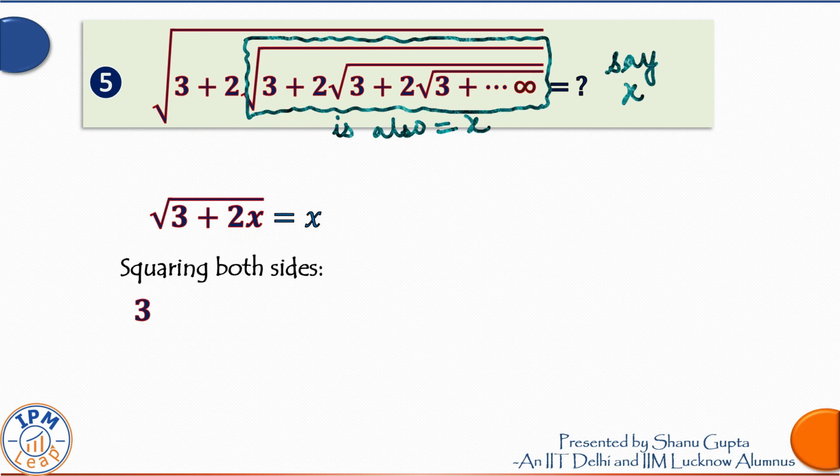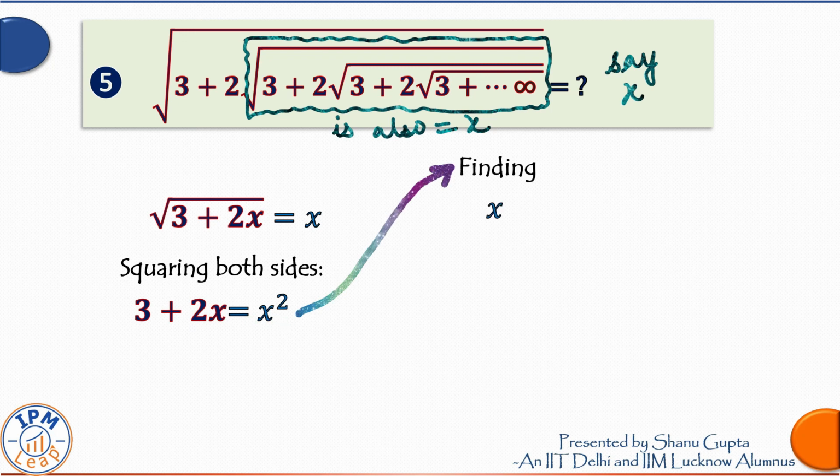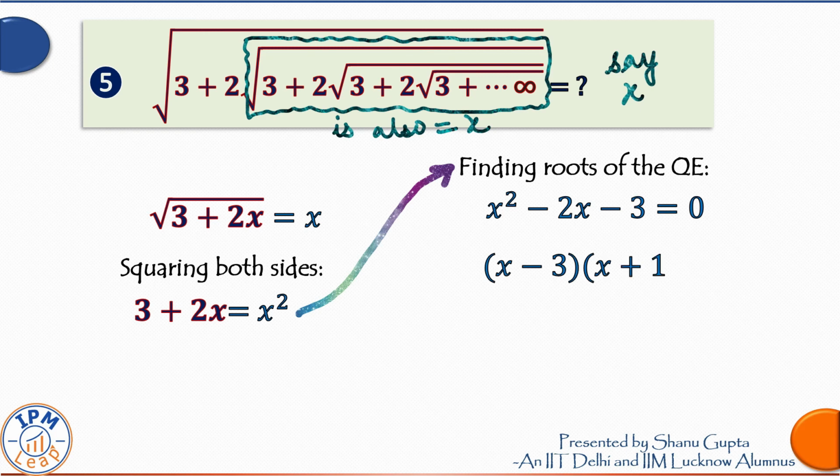Squaring both sides, we get 3 plus 2x is equal to x square. The quadratic equation is x square minus 2x minus 3 is equal to 0. Its factors will be x minus 3 into x plus 1 is equal to 0. And therefore, either x is equal to 3 or x is equal to minus 1.